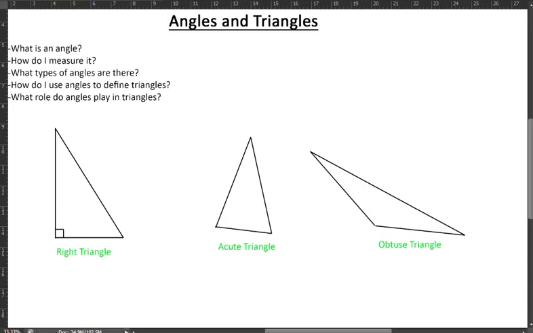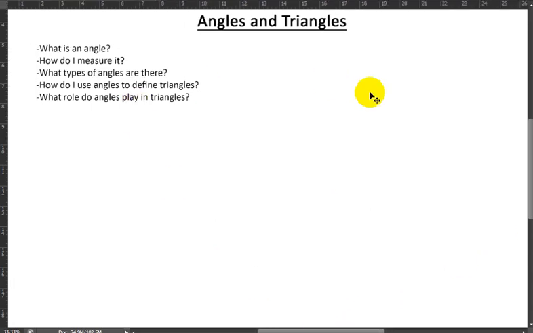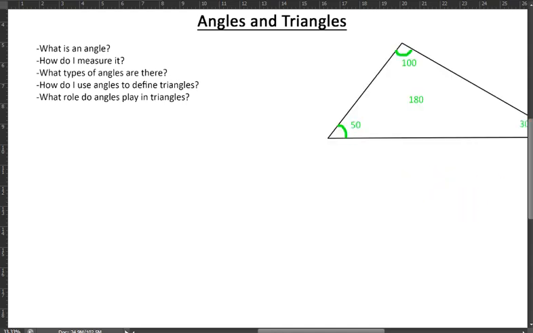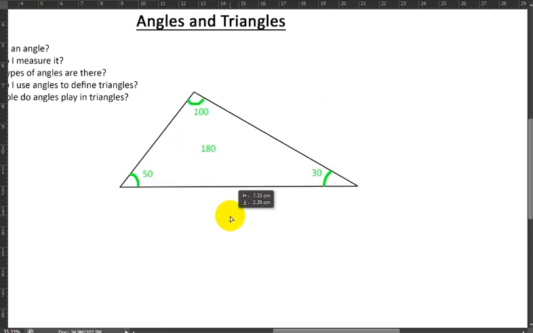Why do they need to be acute? This is where angles come into play with triangles. In any triangle, if I add up all its angles, they have to make 180 degrees. Here I have made a triangle randomly.